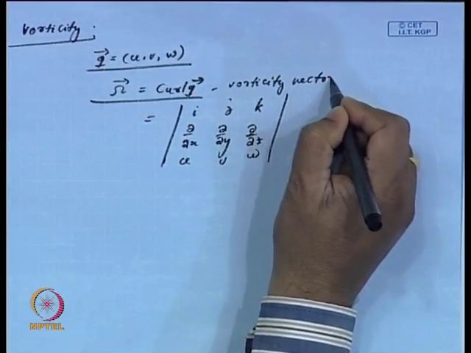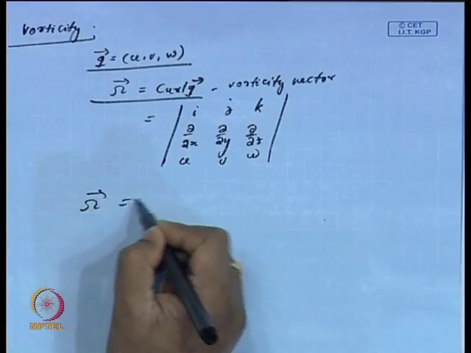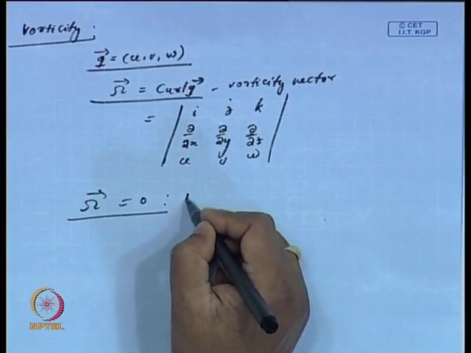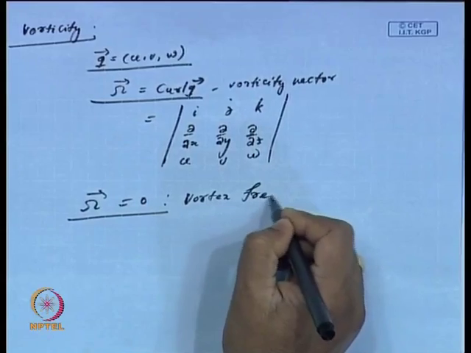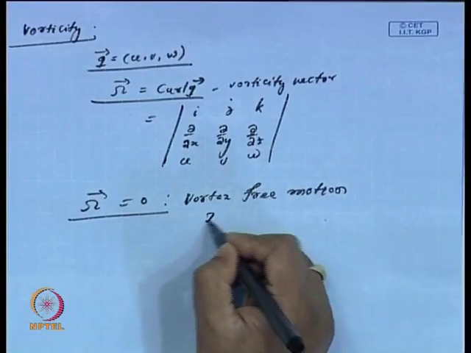If omega bar is 0, we all know that we call this vortex free motion, or irrotational motion.